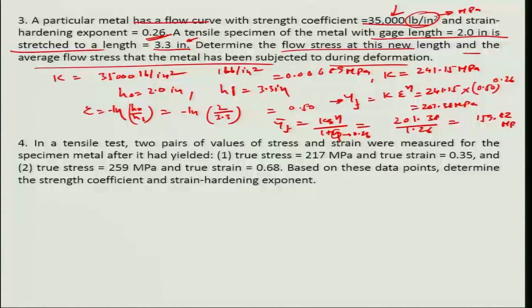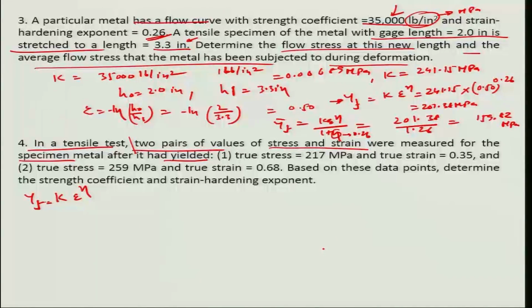159.82 megapascals. Similarly, we have this other question in which a tensile test is conducted, and there are two pairs of values of stress and strain recorded for the specimen metal after it has yielded. So now the metal has gone into the flow stress region, and it obeys the relationship flow stress equals K epsilon to the power of n.